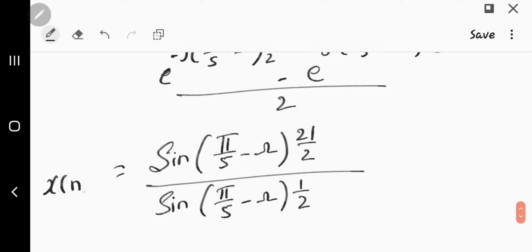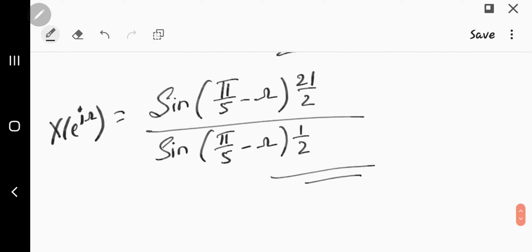So this is our x of e power j omega. So this is the solution for this problem.